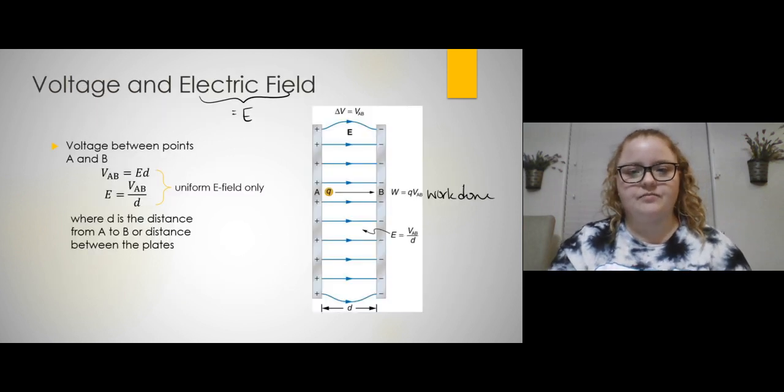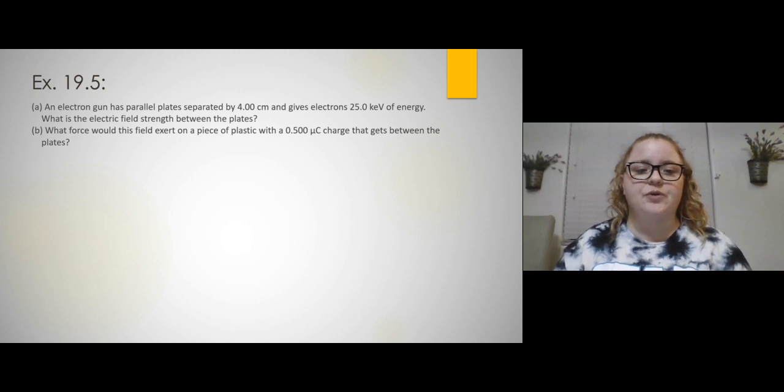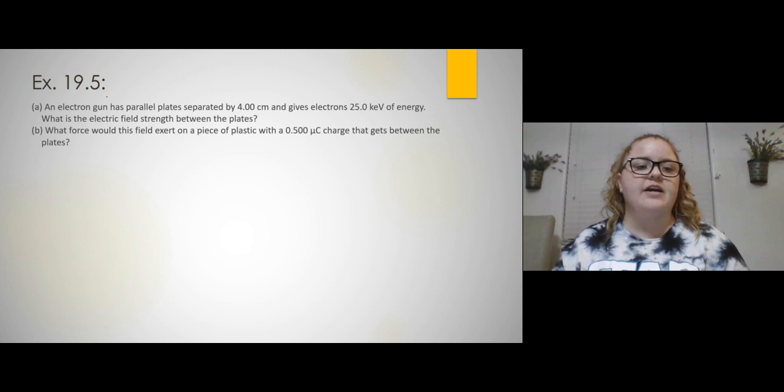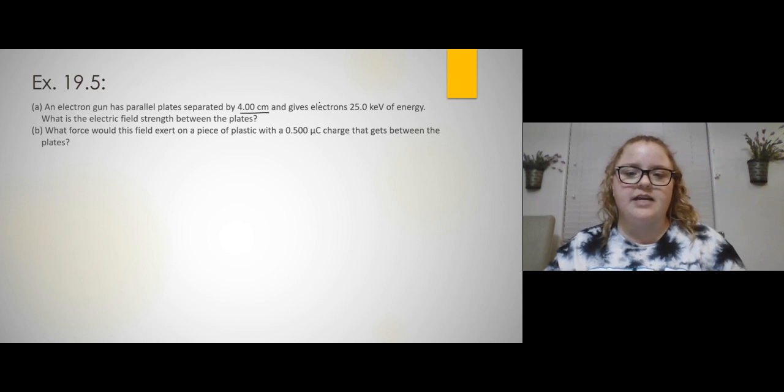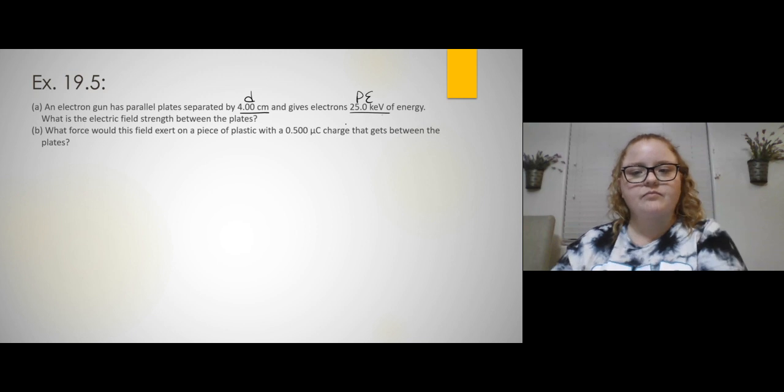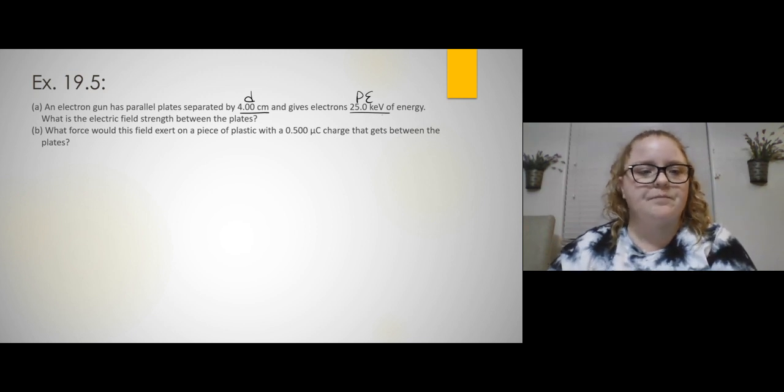Oops. All right, so let's go ahead and do a quick example of this. This is 19.5, which states an electron gun has parallel plates separated by 4 centimeters and gives electrons 25 kilo electron volts of energy. So this is my potential energy here, and this is my distance d. Okay, what is the electric field strength between the plates?